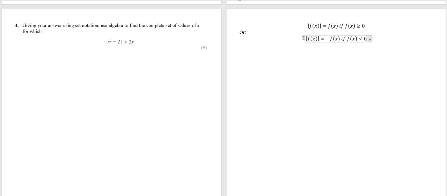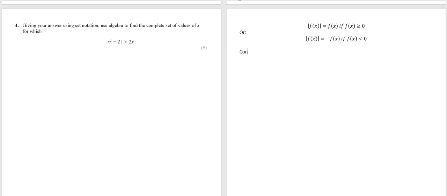In other words, if your function is churning out a negative, then the modulus function will change its sign. But if the function is giving you a positive value, it does nothing to it. So it either changes the sign because the original thing was negative, or it doesn't change it because the original thing was positive. Now that means that we need to investigate two different possibilities.